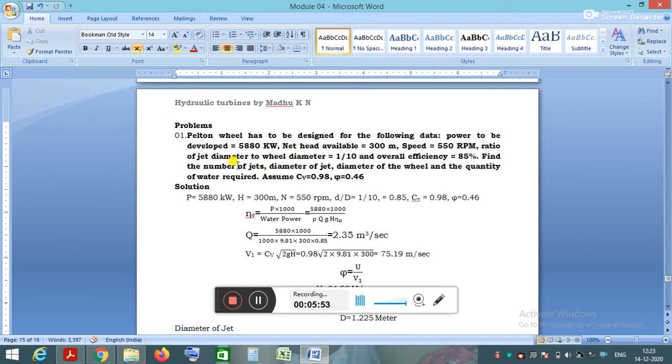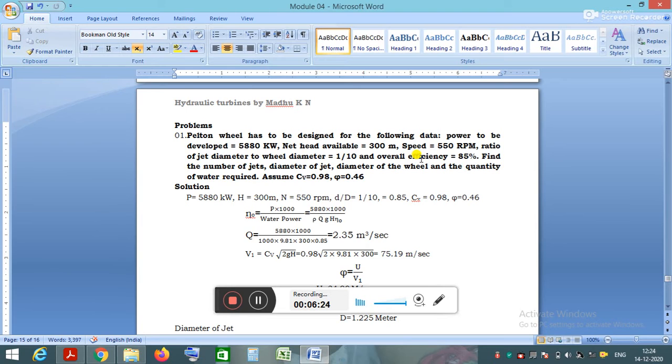The ratio of jet diameter to wheel diameter is small d by capital D, where small d is the diameter of the jet or nozzle and capital D is the wheel diameter on which the blades are fixed. The jet ratio is 1 by 10, that is 0.1, and overall efficiency is 85%.